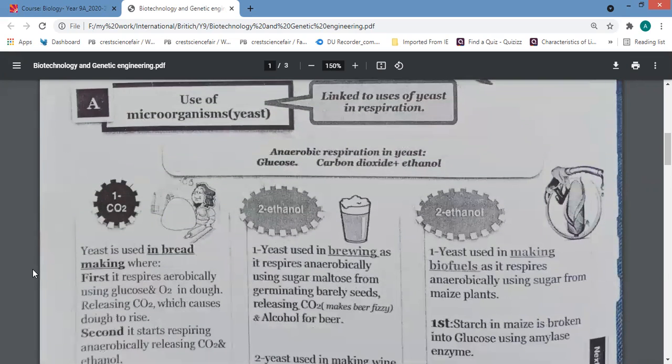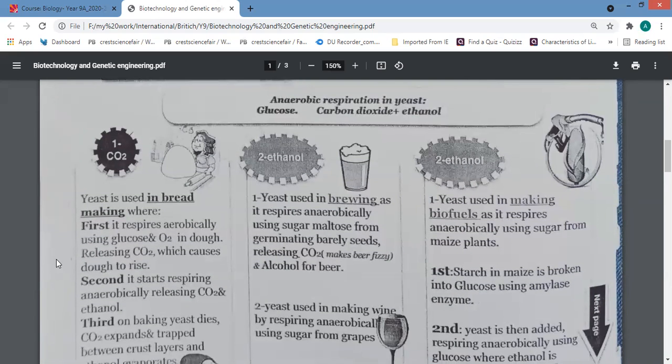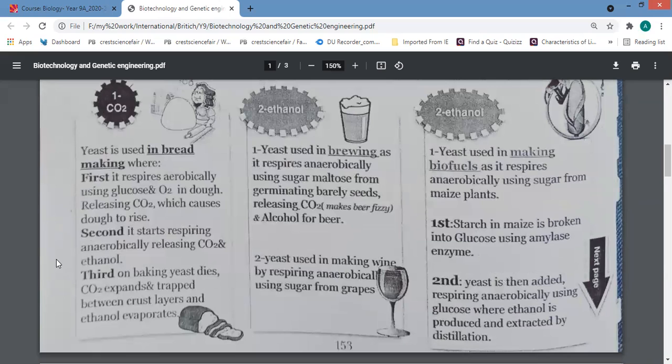The difference between these three productions is the type of sugar which will be used by the yeast fungus. Firstly, we know that yeast is used in bread making. Firstly, yeast is a microorganism, so it performs the respiration process.